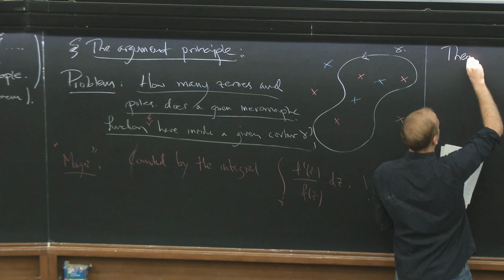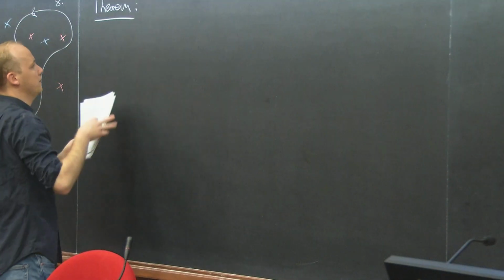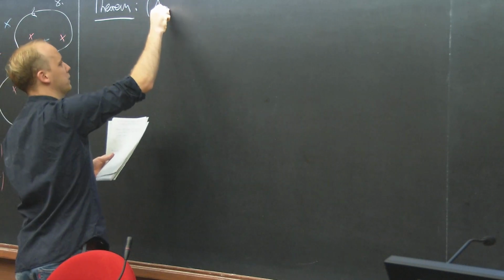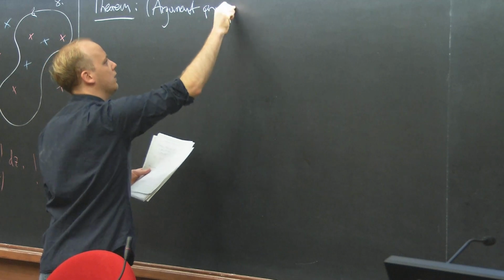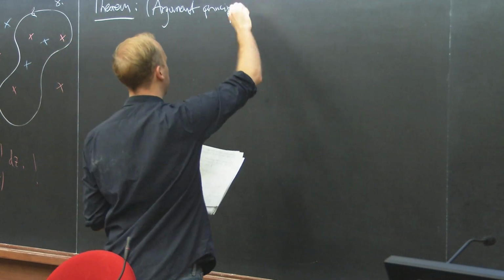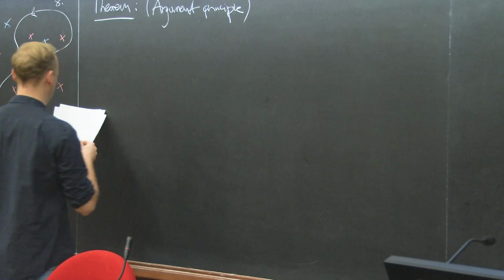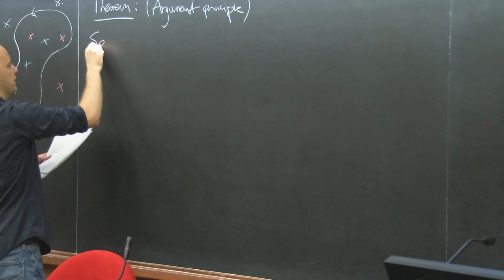And the more precise version of this statement is then what is called the argument principle, which is one of the well-known theorems that one should go through in a course in complex analysis. So the statement is the following.